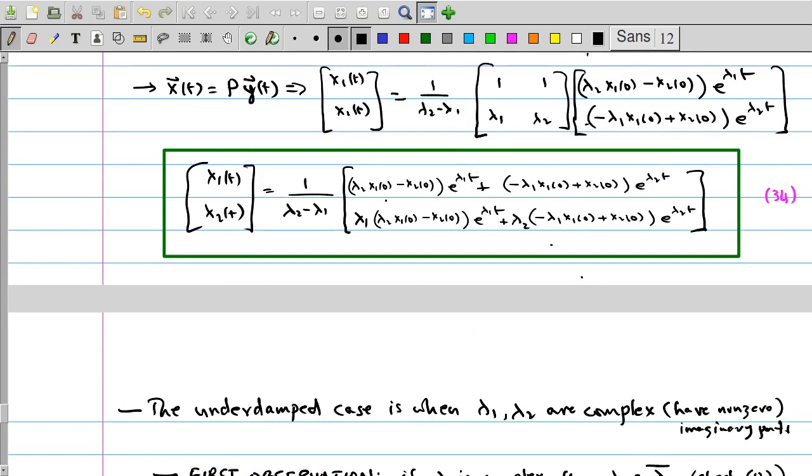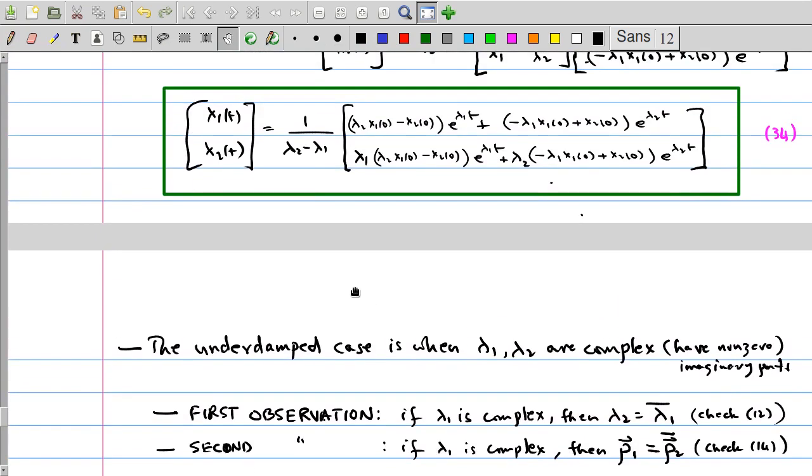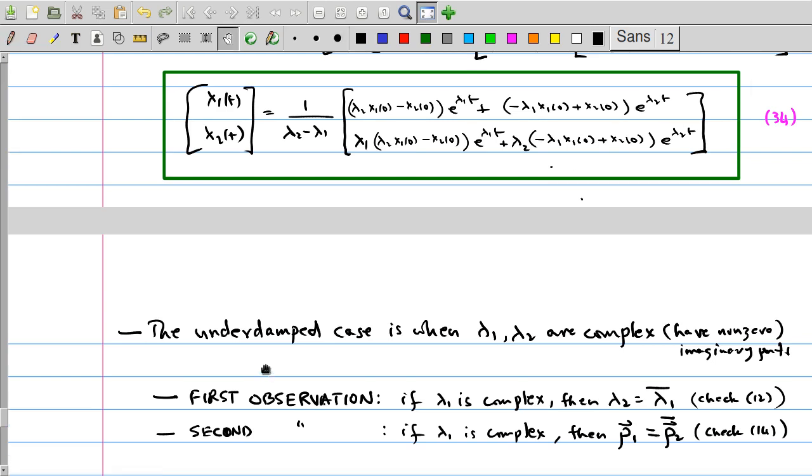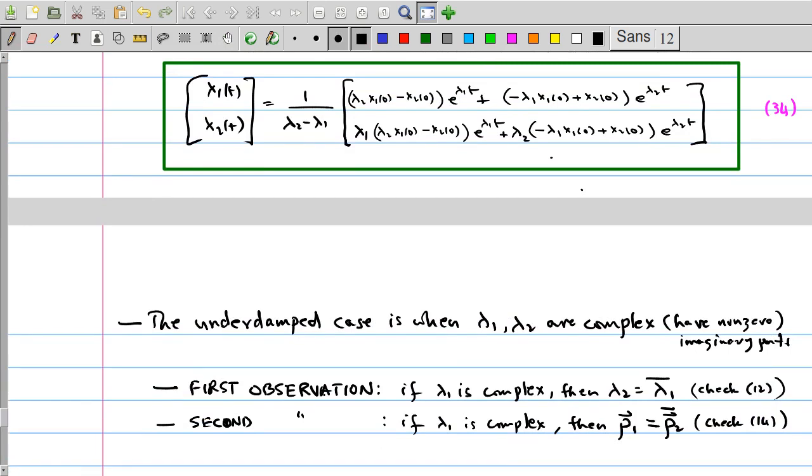I think the time has come for us to start separating. So this whole thing is imaginary over here. For the whole thing to be real, this whole thing has to be imaginary. Let's find out whether it actually is or not. Can we simplify this a little bit? Yeah, let's try to do this.